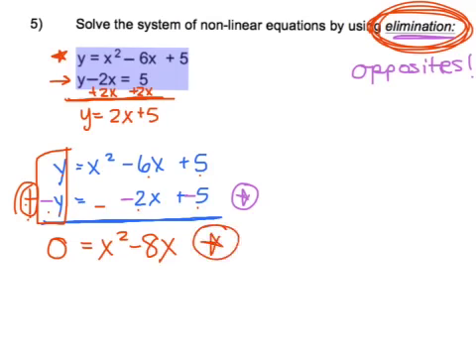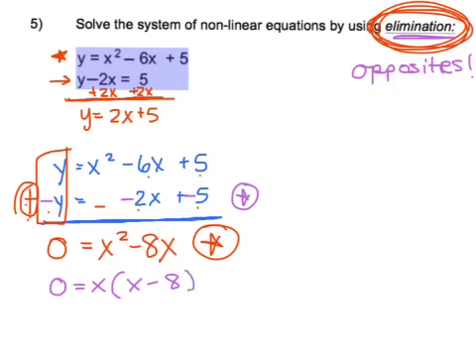Right here, I have my x squared equation. And so we go ahead and do just like always, when it's set equal to 0, factor. Can't quite factor, so let's just pull out our GCF, which is x once again. If we pull out x, we're left with x minus 8.